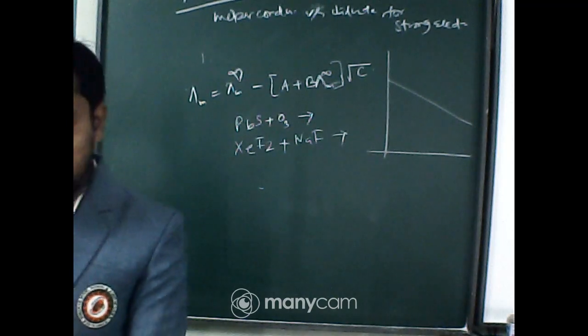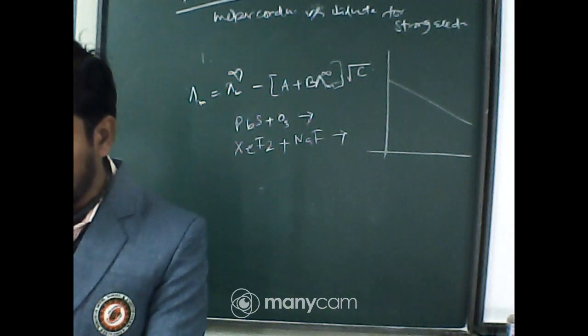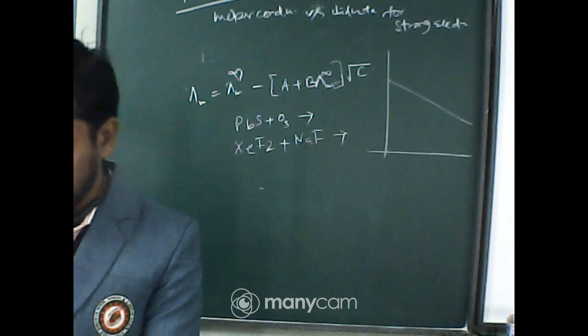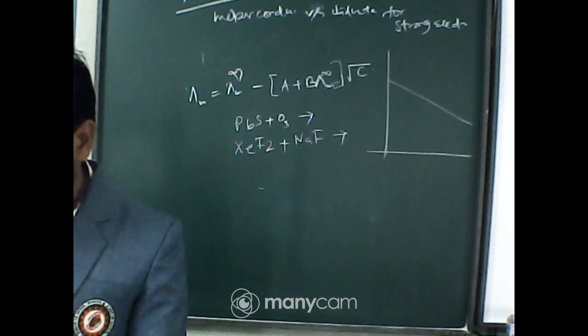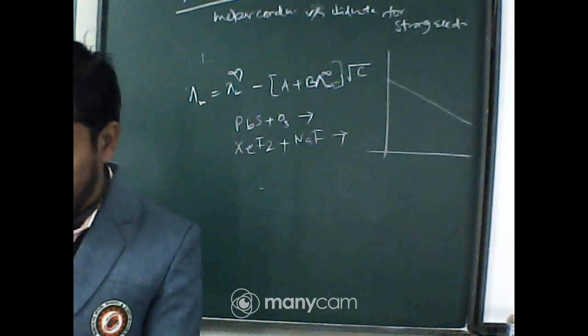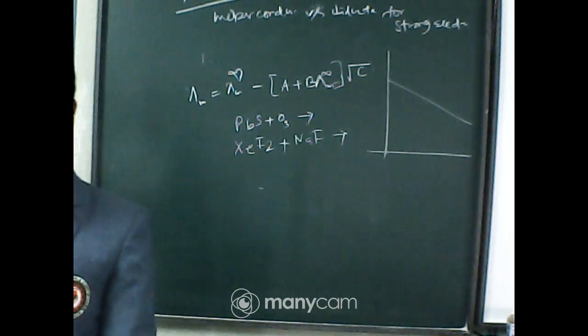It is the oxidizing agent. PbS will be converted to lead sulfate, PbSO4. And in the second one, it is the formation of NaHCF6.